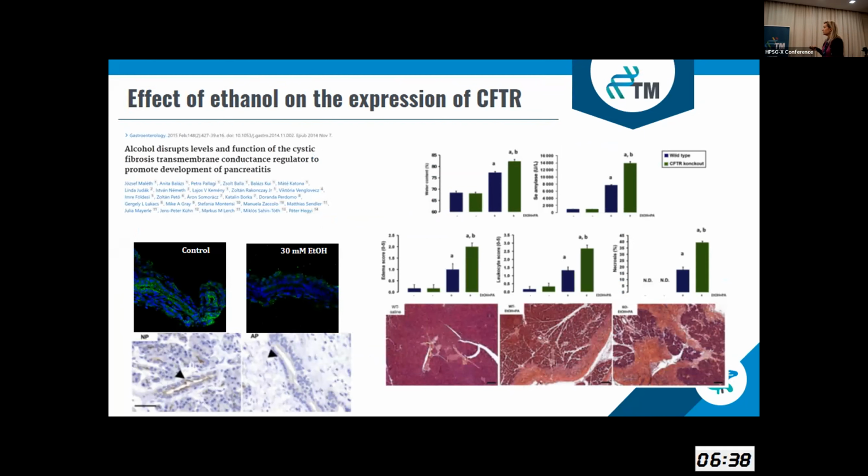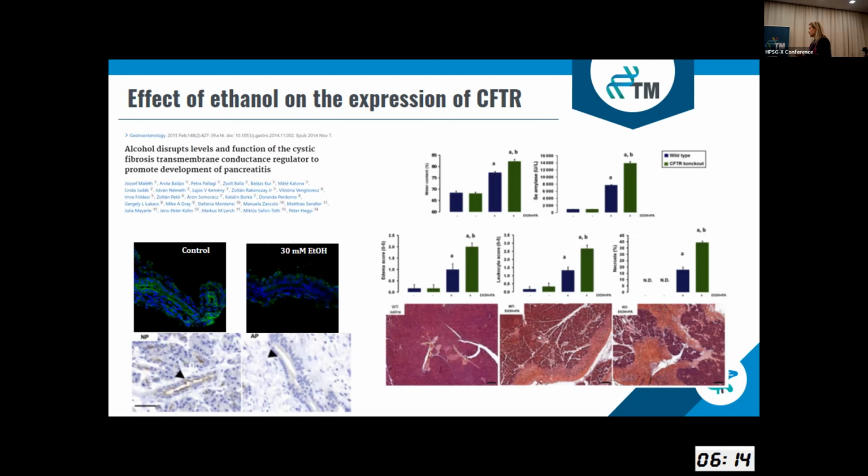The expression of CFTR significantly decreased at the luminal membrane of the ductal cells. And using an experimental model of pancreatitis, we also showed that the pancreatitis was more severe in those mice in which the CFTR chloride channel was knocked down.